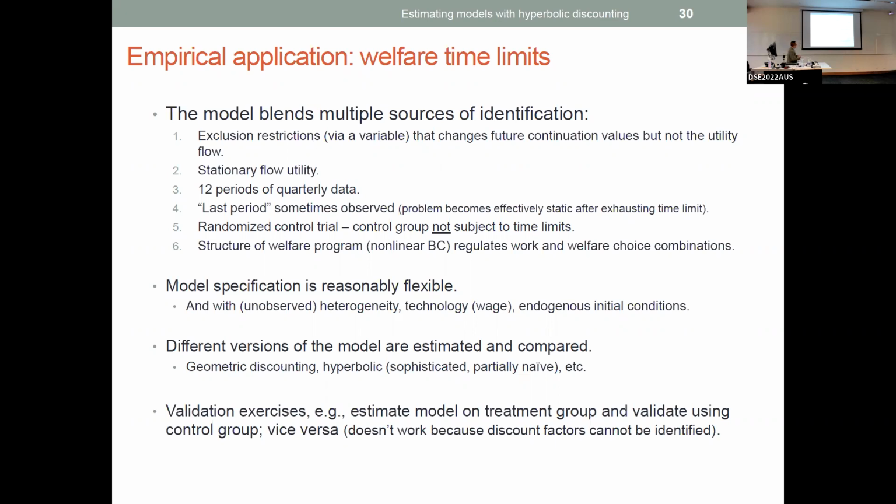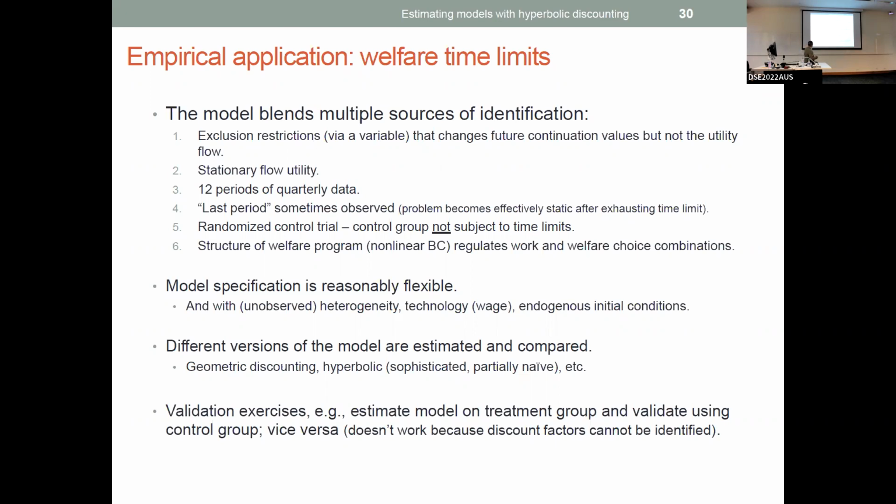The model specification is made to be reasonably flexible. We try to rule out other possibilities that might be consistent with hyperbolic discounting. You could have various different plausible explanations that compete with the hyperbolic discounting hypothesis.